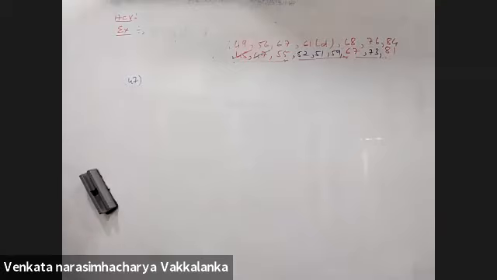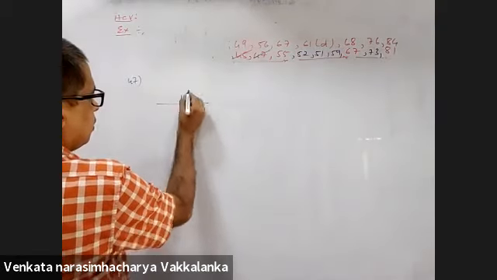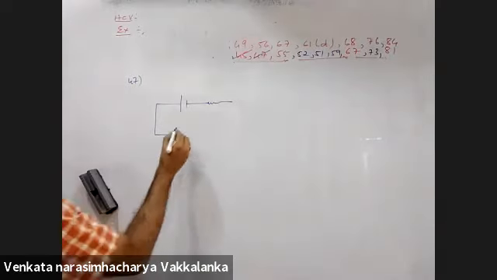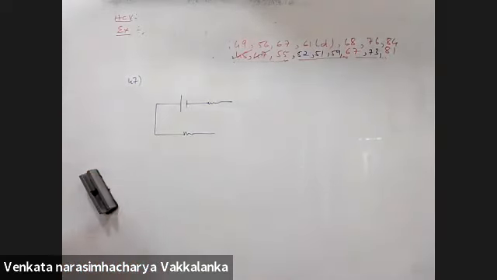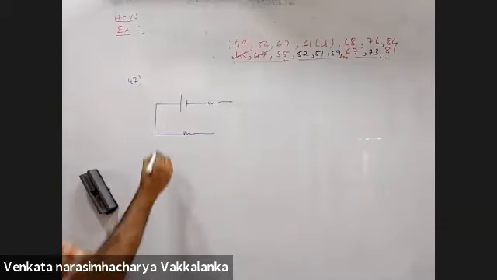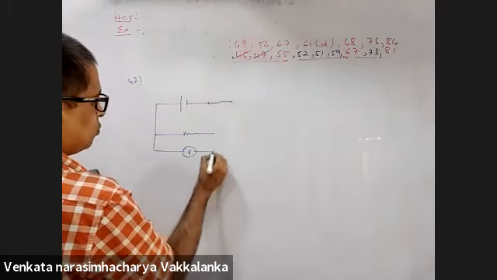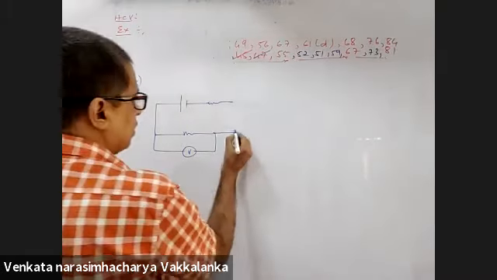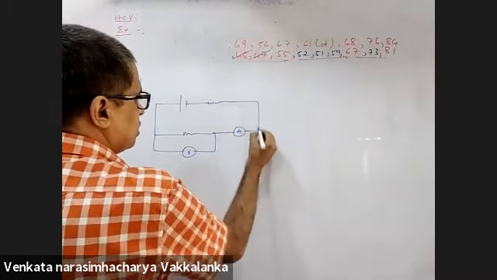Initially, the switch is at A. You will have EMF and the internal resistance. Initially, the voltmeter is connected across this point and the ammeter is connected this way. This is the initial circuit.